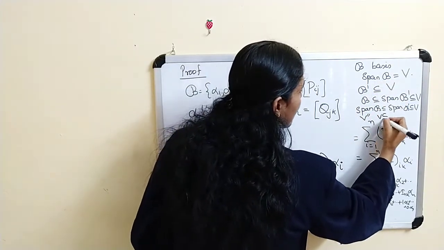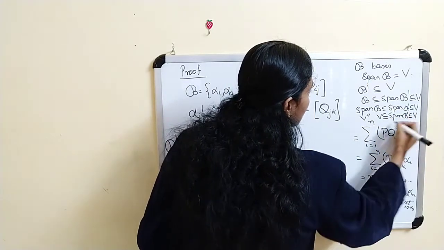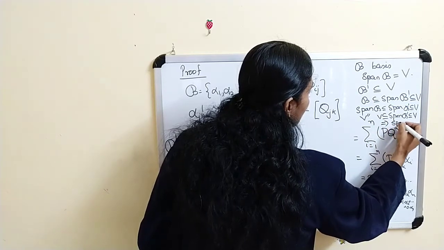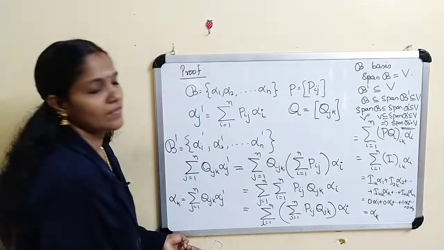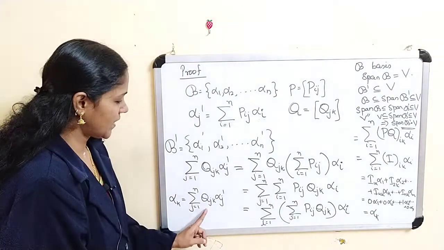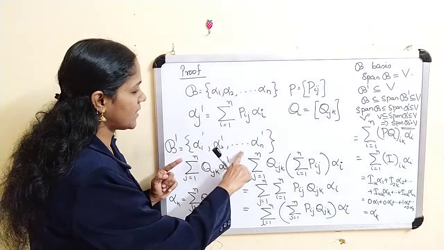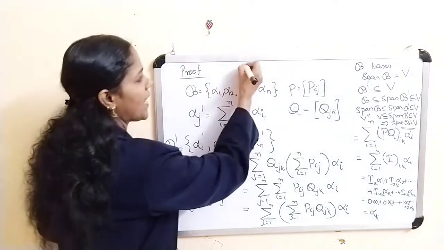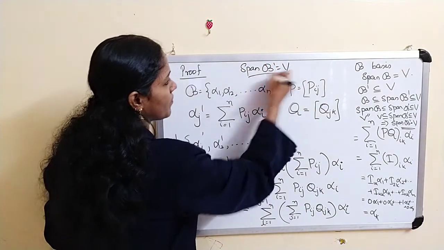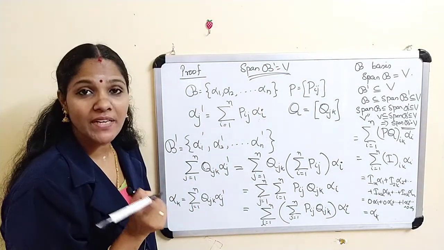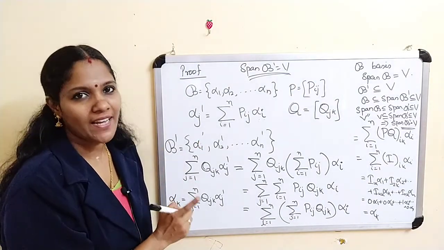Therefore V is contained in span B dash is contained in V. This implies span B dash is equal to V. Okay, thus we get, if you define B dash like this, then span B dash is equal to V. What about the elements of B dash? n elements.